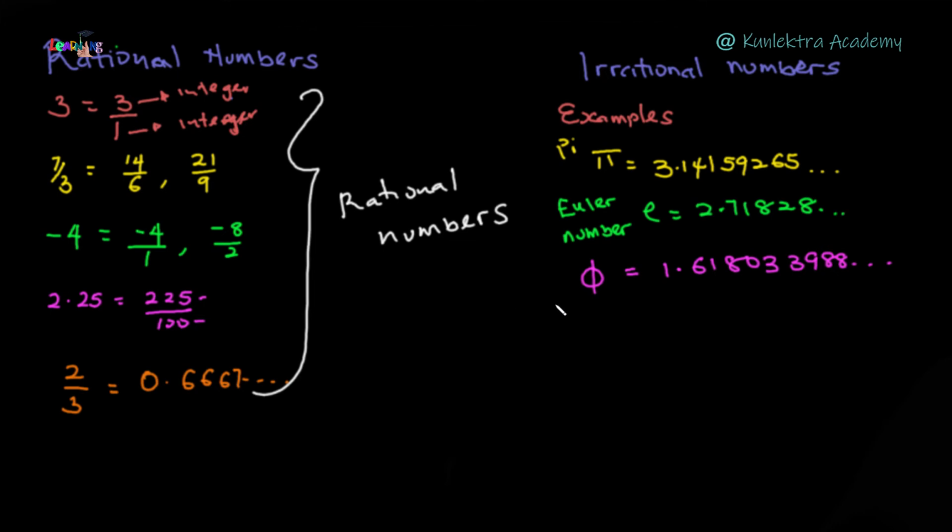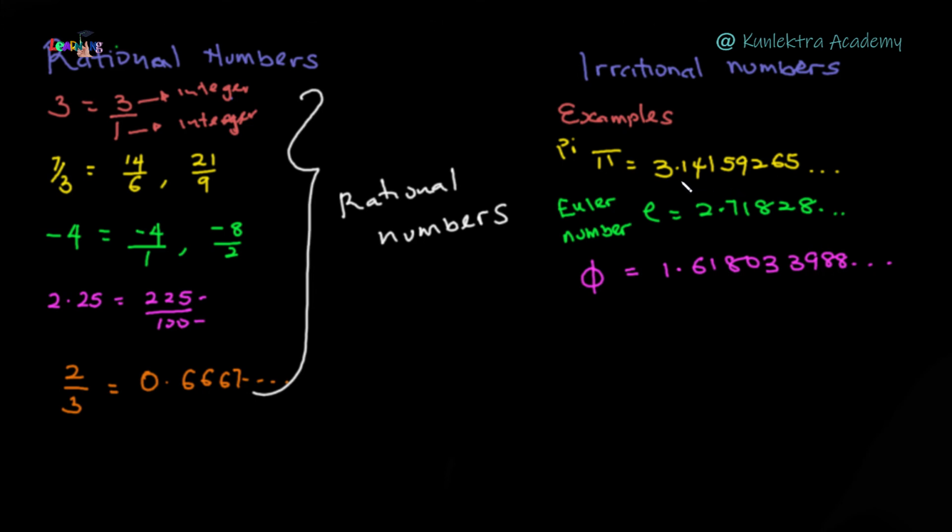Another example is the square root of all natural numbers except for perfect squares; these are irrational numbers. If you remember, I explained rational numbers to be numbers that can be expressed as a ratio of two integers. But irrational numbers are numbers whose decimal value cannot terminate.